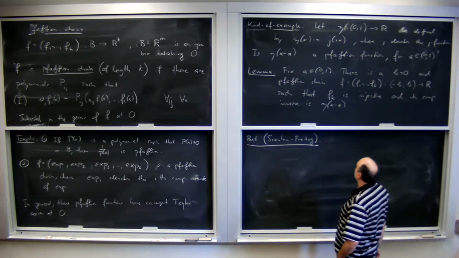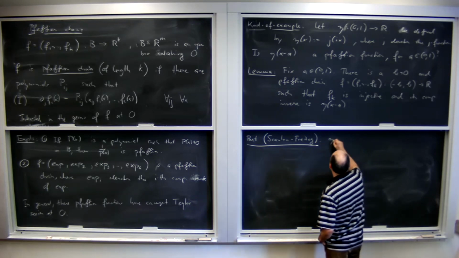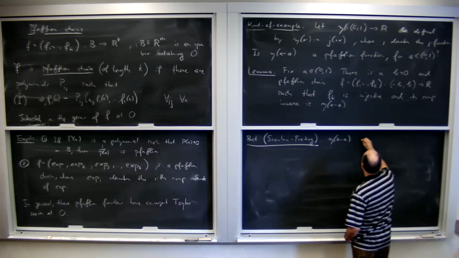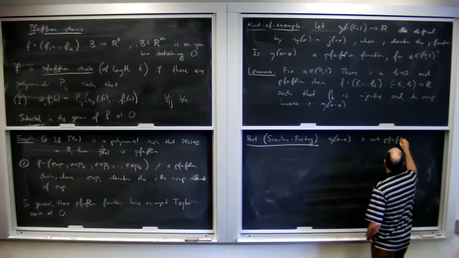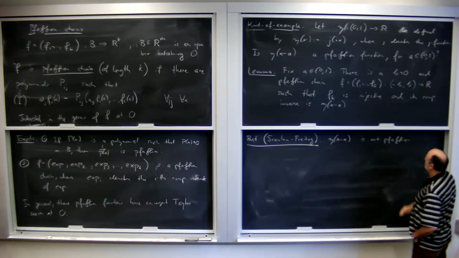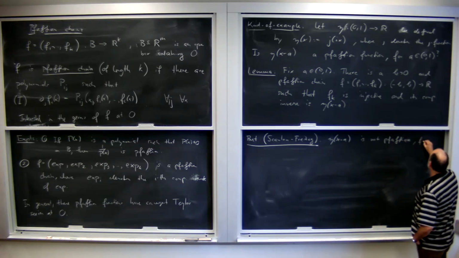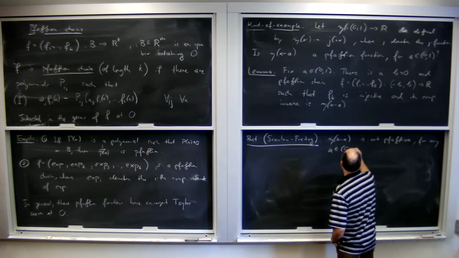That in fact, the germ of eta of x minus a is not Pfaffian. So it's not Pfaffian, and this is for any a between 0 and 1.